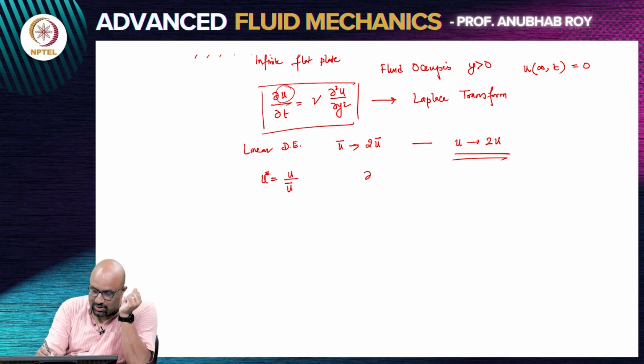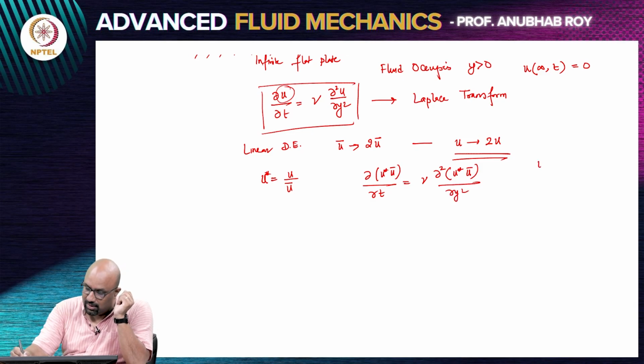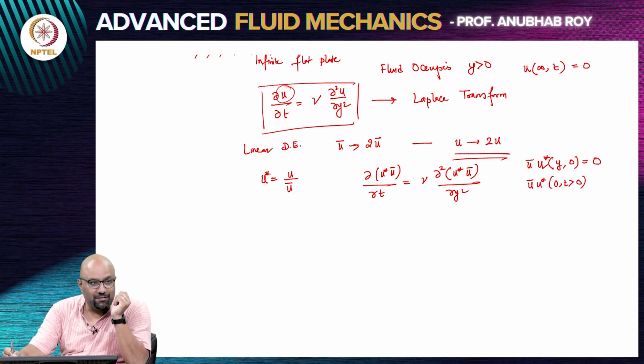So, I have an equation here which is u star u bar dou t equals nu dou square u star u bar dou y square, with the boundary condition that for all y at t equals 0, u star u bar is equal to 0, u bar u star for any finite time is equal to u bar, and u star far away is going to be 0.